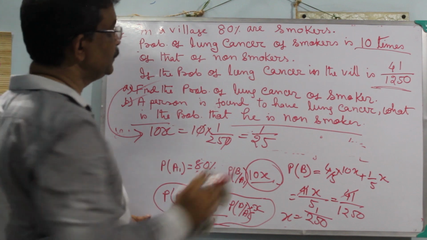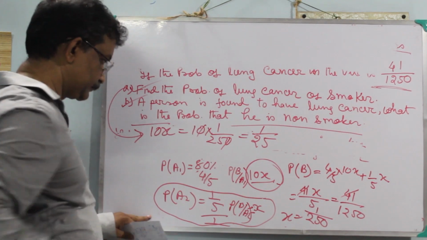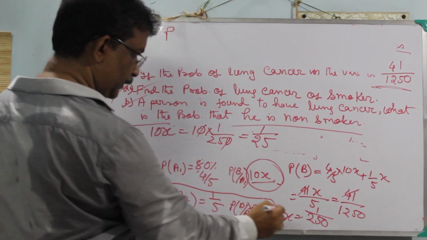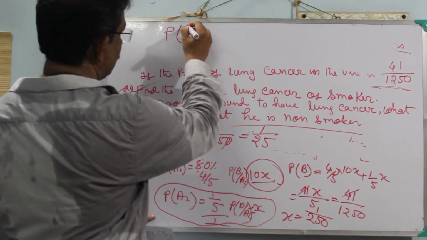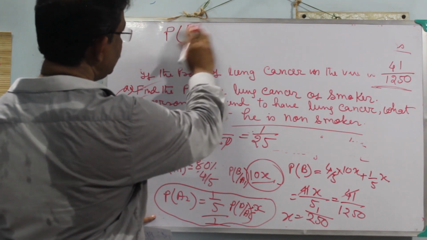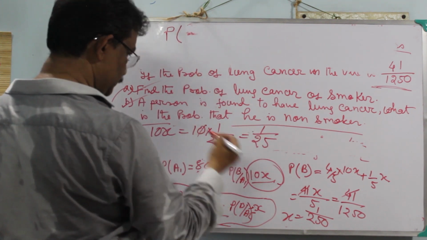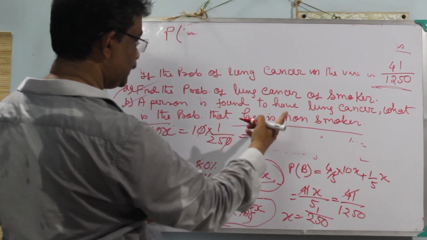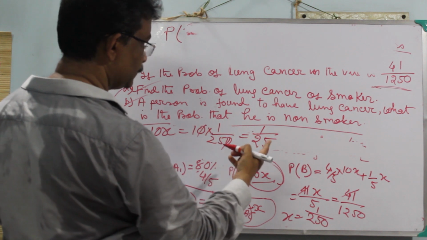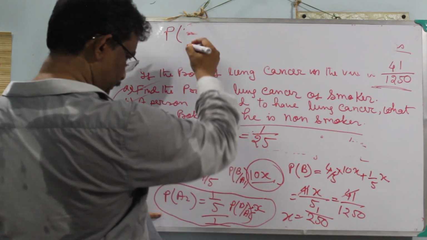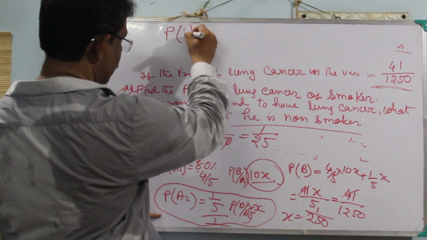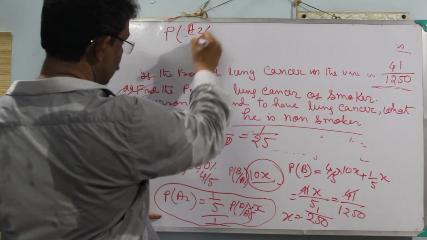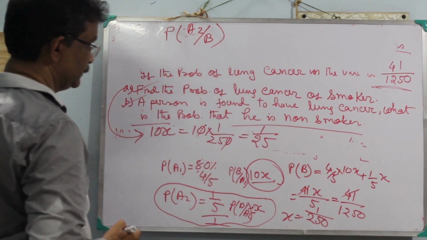So in that case, a person is selected at random and found to have lung cancer. What is the probability that he is a non-smoker? That means we want the probability of A2 given lung cancer.